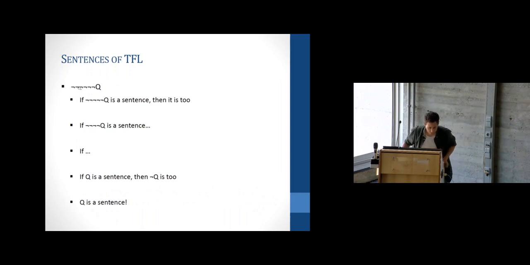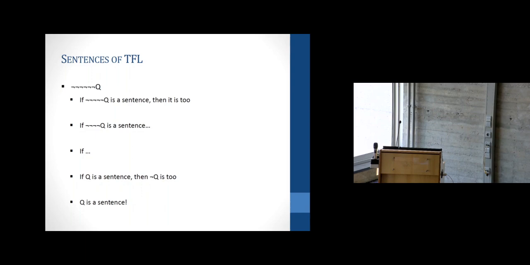So how many negations do we have? 1, 2, 3, 4, 5, 6. So six nots Q. Is this a sentence? How do we approach this? You ask yourself, is five nots Q a sentence? How do I know? I need to go backward and say, is this a sentence?